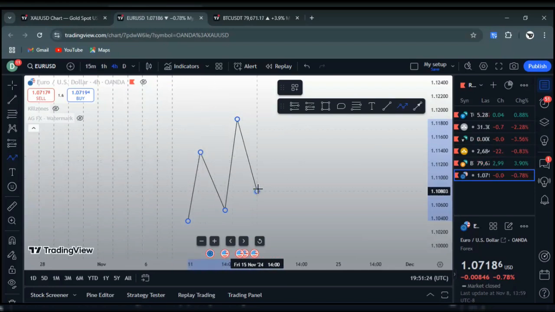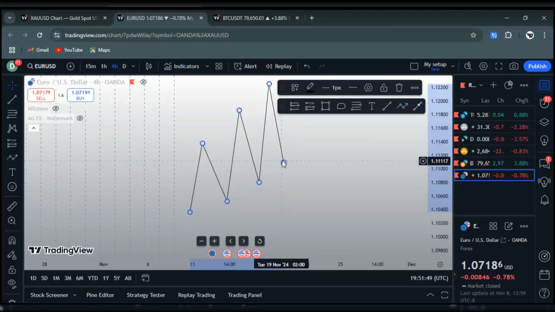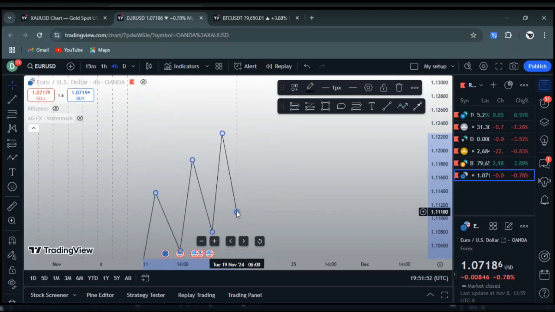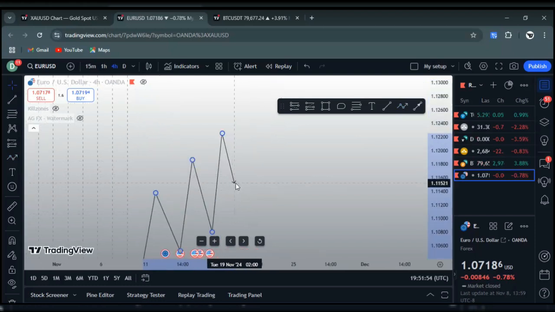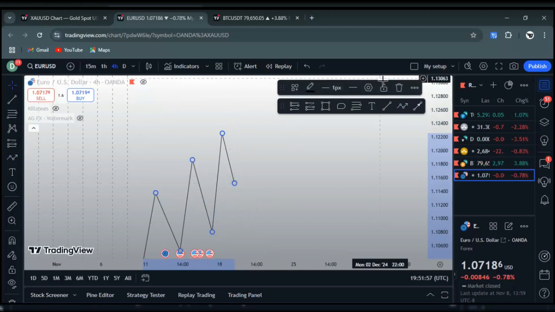When the market comes up again and creates a new high, breaking the previous high, it is also called break of structure. But when a high is created and the low refuses to go down to a discount zone or a lower zone, and instead it just comes to this point and starts distributing orders.